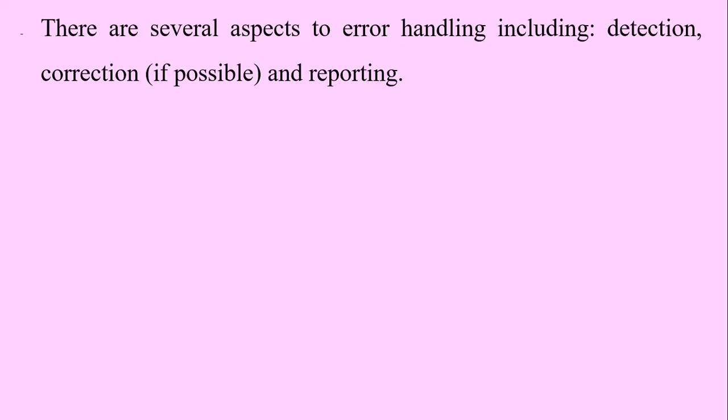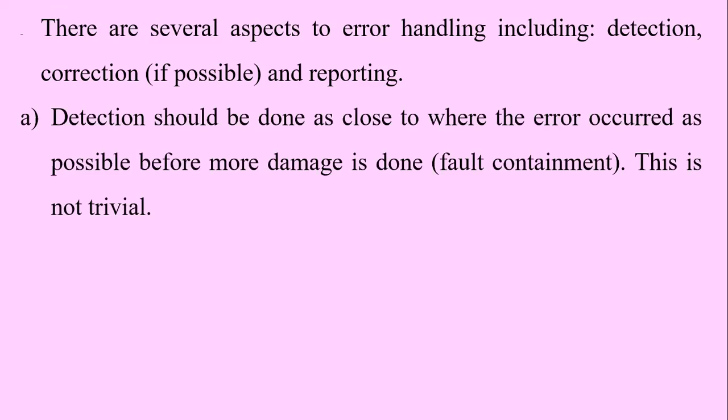There are several aspects to error handling, including detection, correction if possible, and reporting. Number one, detection should be done as close to where the error occurred as possible before more damage is done. This is called fault containment, and this is not trivial.